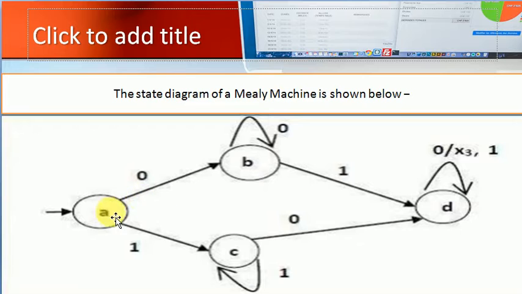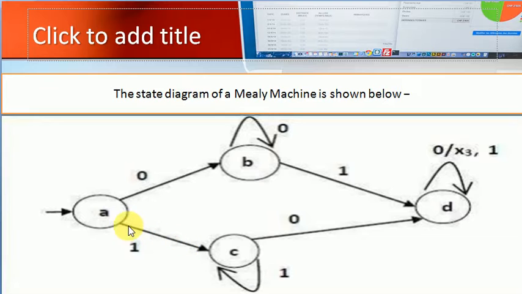Now we will see there are two outputs from this A. Firstly, when we give the input 0, we reach from A to B. When we give the input 1 to A, we reach from A to C. Similarly, from every state we can go to another state on giving the input 0 or 1.